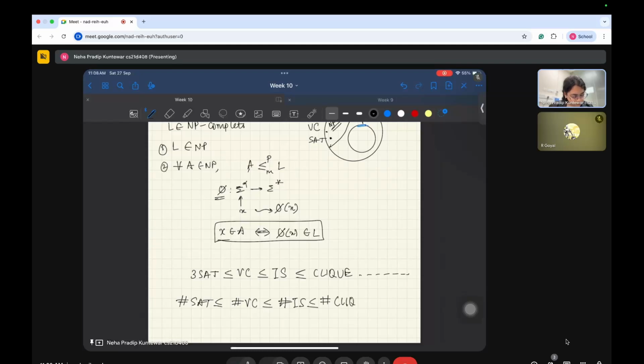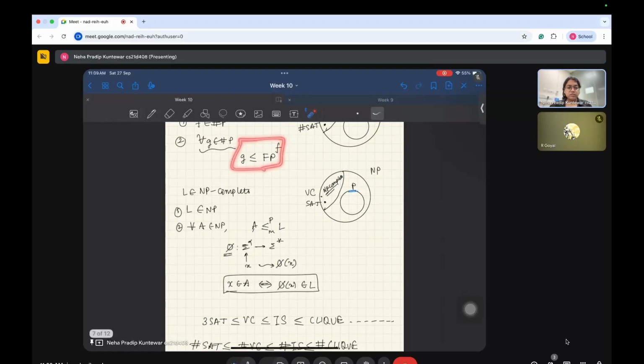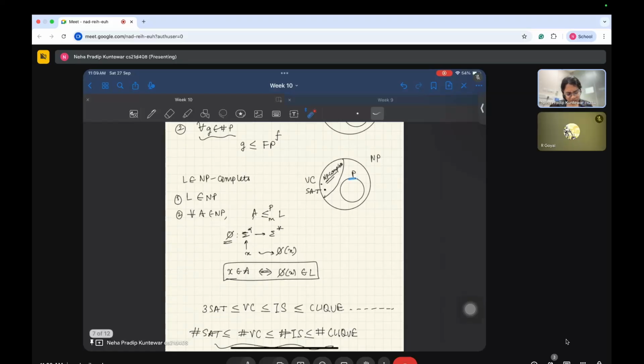All these are sharp P complete problems. And how do you show that? At most of the places, at least for these four, the same reduction works with respect to this notion also. So it's a nice exercise to try out.